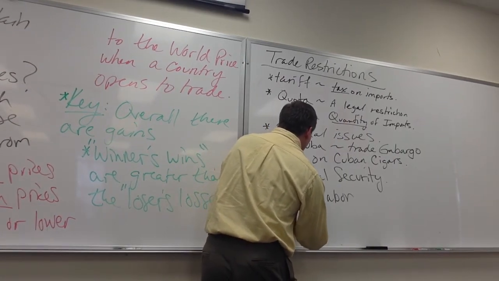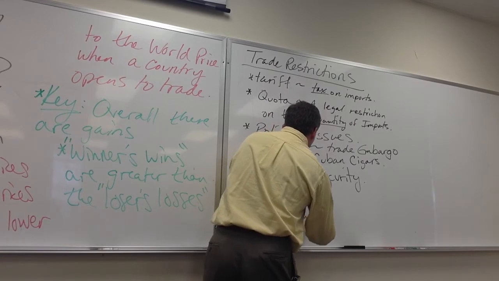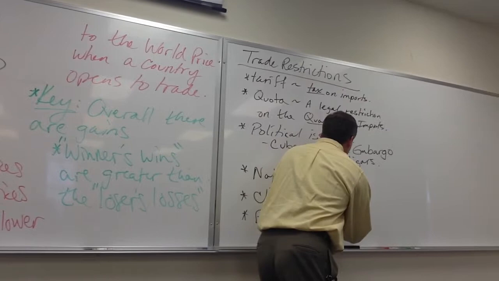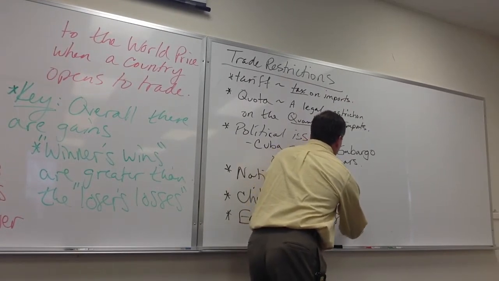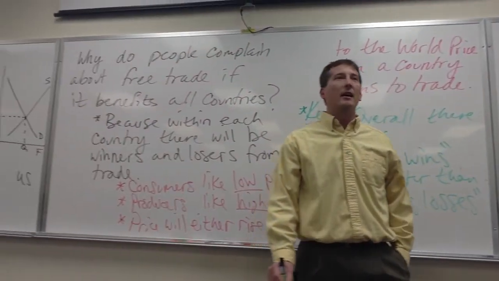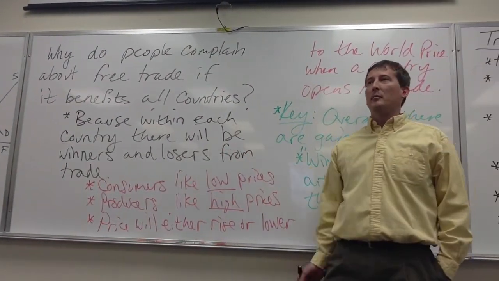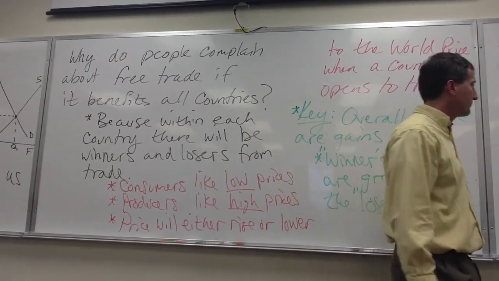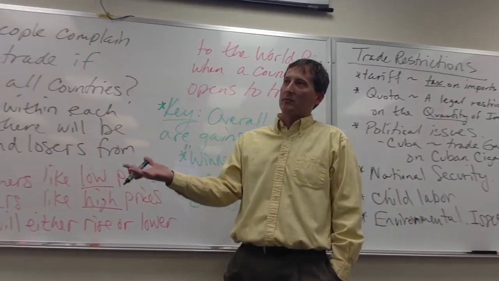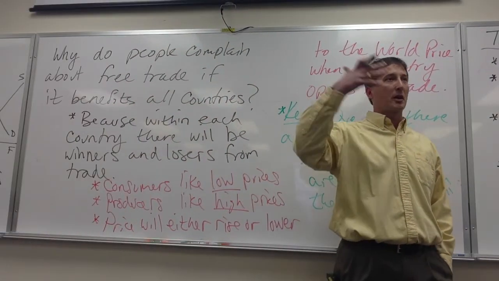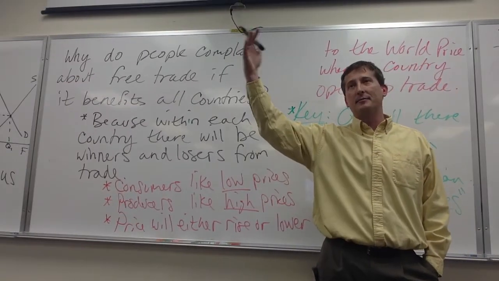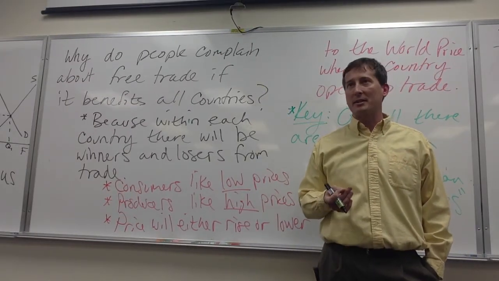Another big one, environmental issues. Well, in America, we only allow a certain X amount of parts per million of nasty stuff to be spewed into the atmosphere, and all these countries are going over to Mexico or Malaysia, and they don't have those same standards. Well, that's not fair. So possibly we could require that in order for us to trade with a particular country, you have to be producing at the American standard.